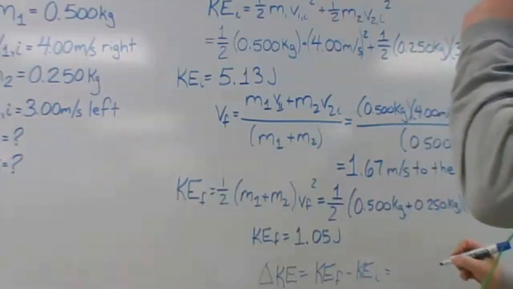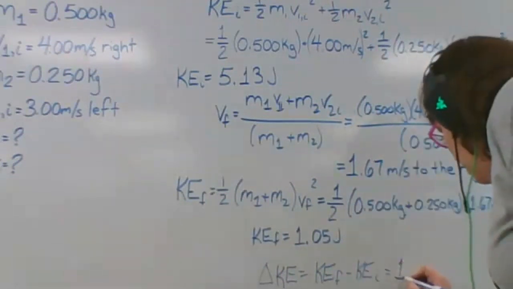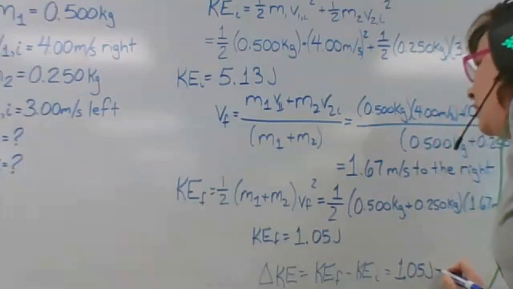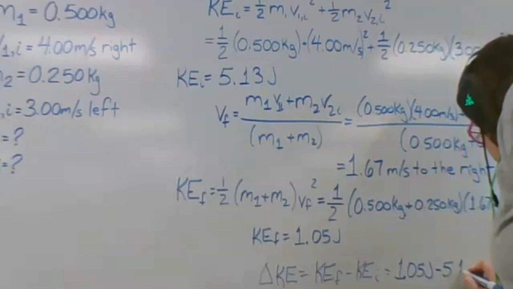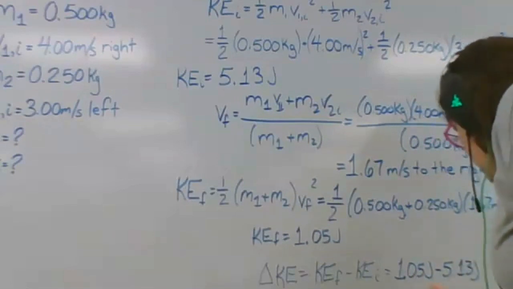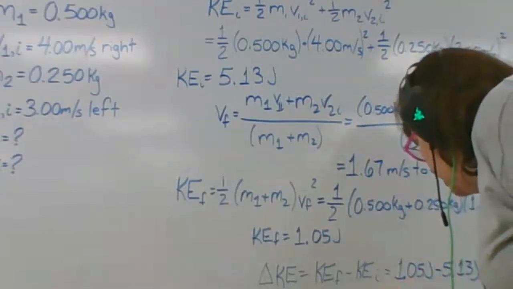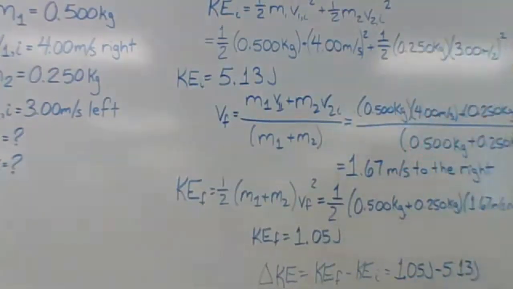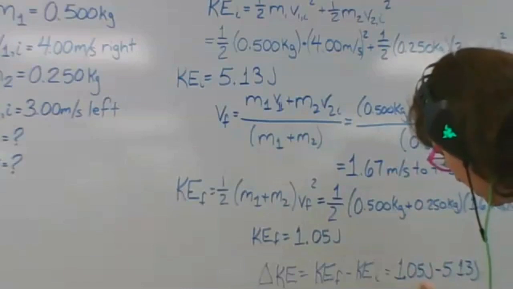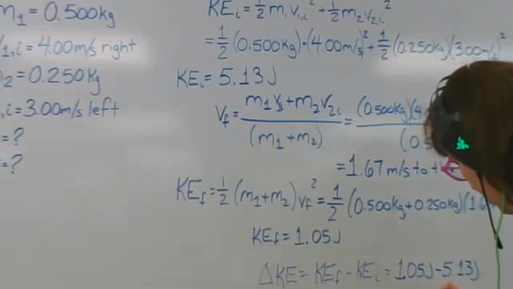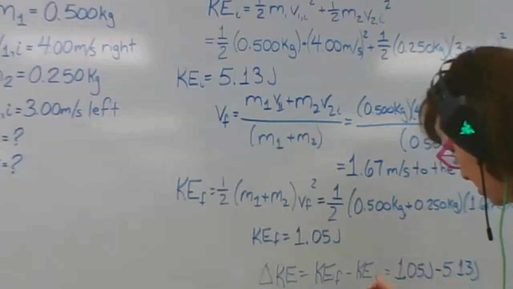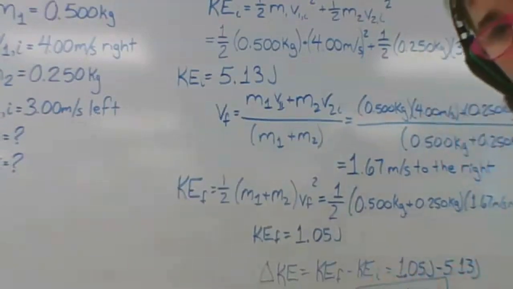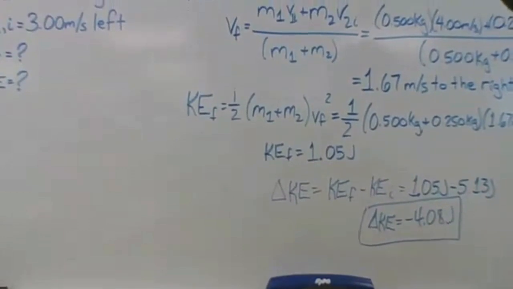So that is 1.05 joules minus 5.13 joules. So my delta KE is equal to negative 4.08 joules. Negative 4.08 joules.